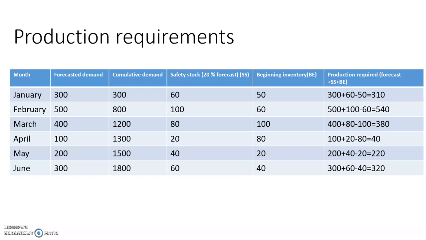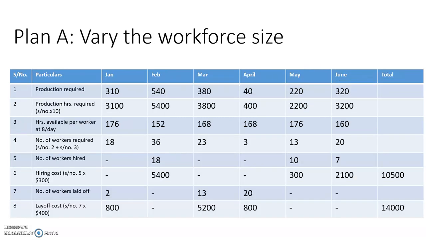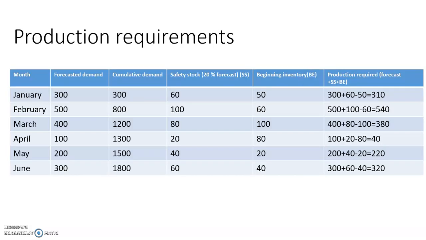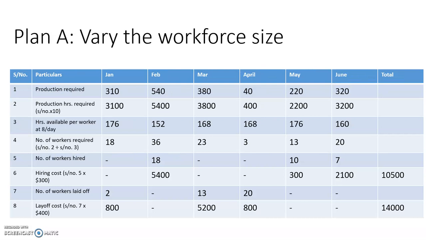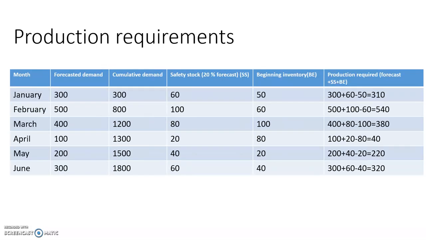In the first column, we have the forecasted demand. In the third column, we have the cumulative demand, which is 500 plus 200, you get 800.